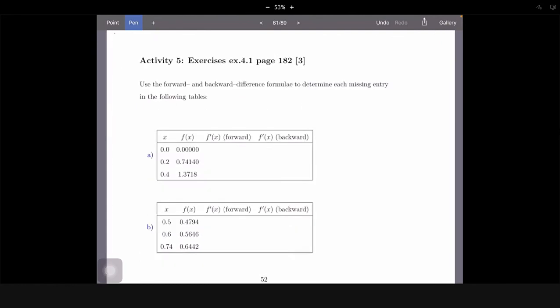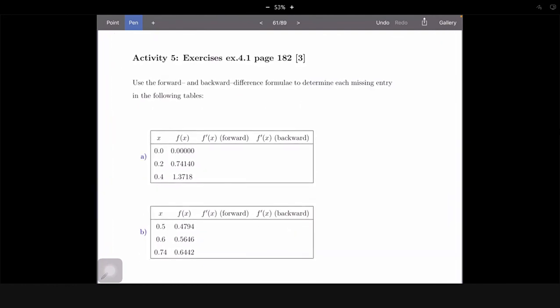Alright, so kita tengok soal aktiviti yang kelima. Use forward and backward difference formula to determine each missing entry in the following table. Okay, berbeza forward dengan backward. So contohnya kita pergi kepada forward dulu.